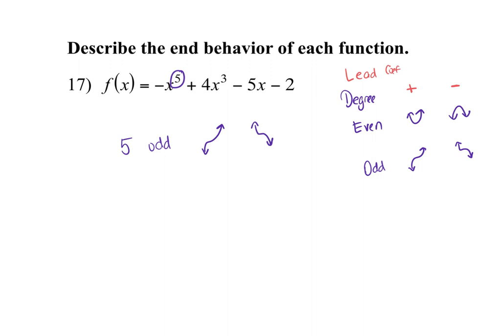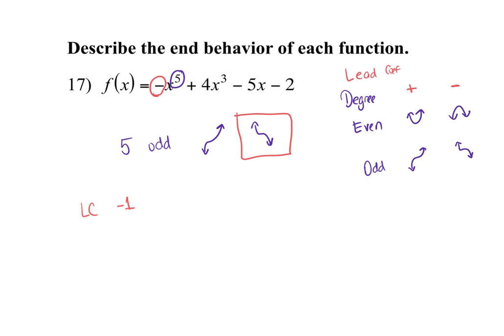My leading coefficient is negative 1. It's the number in front, negative 1. Which means I just narrowed it down. Negative tells me it's going down. So my answer is, it goes up on the left and down on the right.